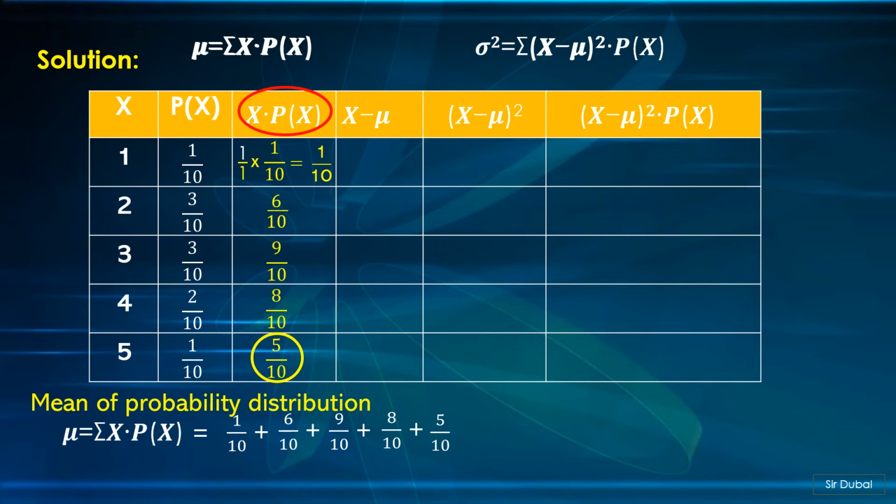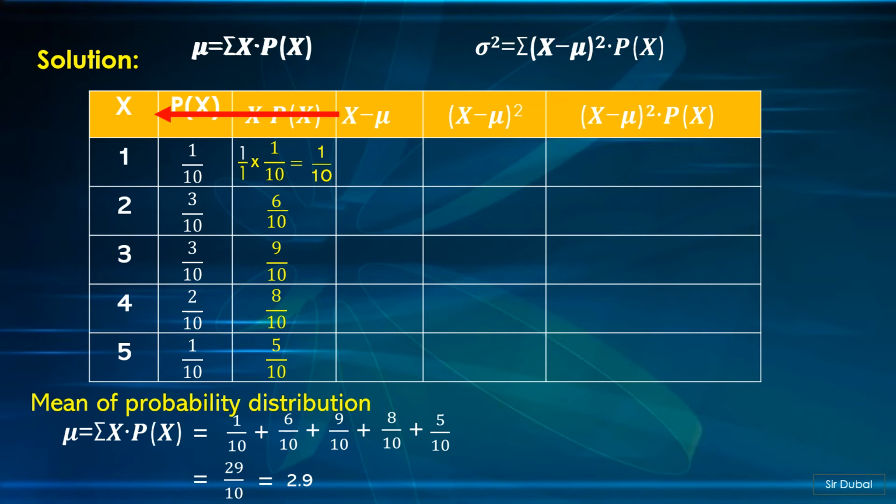As we can observe on the given solution, we all know the rule of adding fractions: if the denominators have the same number, we just copy it, and what we do with the numerators is add them up. So as a result, we have 29 over 10. If we divide this number, the result is equal to 2.9.